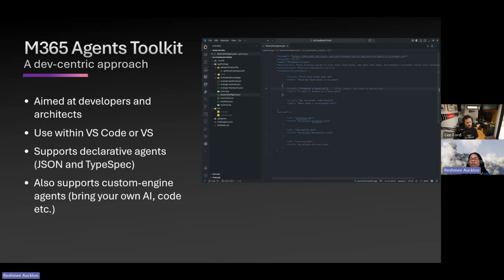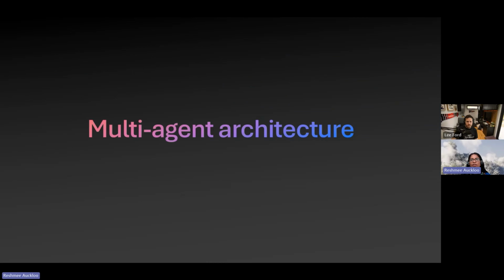That means it uses the M365 Copilot orchestrator, like the one shown by Lee, or we can have a custom engine agent where you bring your own AI model, leveraging Microsoft Foundry, and then you can orchestrate all the different agents using LangChain or the Agent Framework SDK. But I think today we are using LangChain to show how it all comes together.